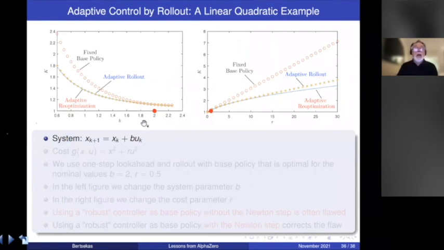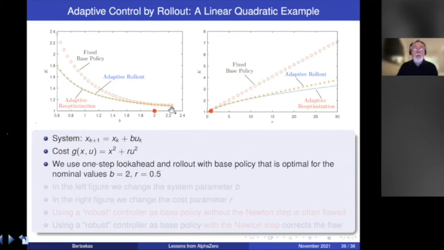And let me give you an example here. This is a one-dimensional linear system, and it involves an unknown parameter, a changing parameter B, and R may also be variable here in the cost function. Now, as B changes, the optimal cost as measured by the quadratic cost coefficient changes.